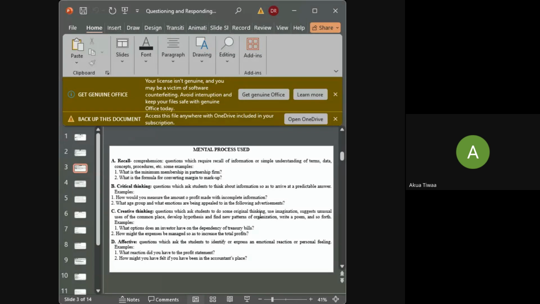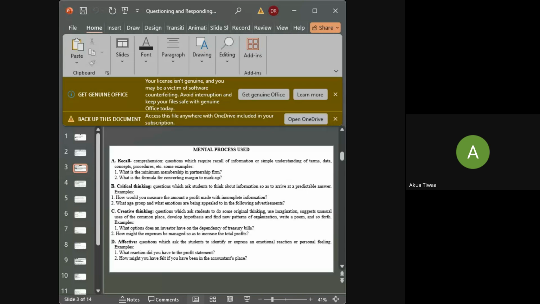And then we have affective. These are questions which ask the student to identify or express an emotional reaction or personal feeling. So with affective, this one has to do with emotions. An example of a question is, what reaction did you have to the profit statement?